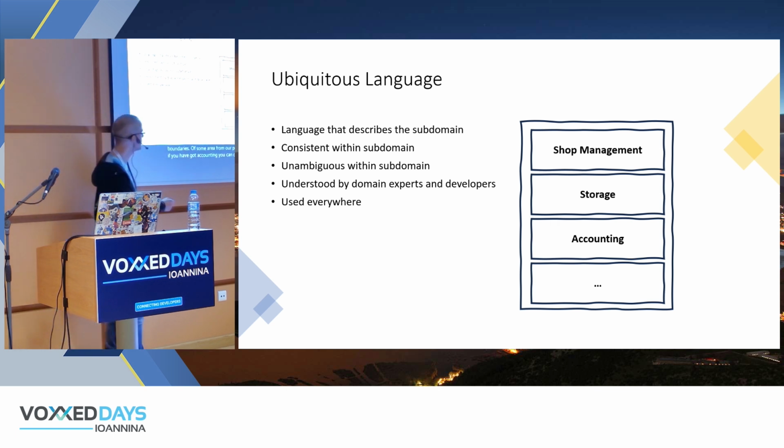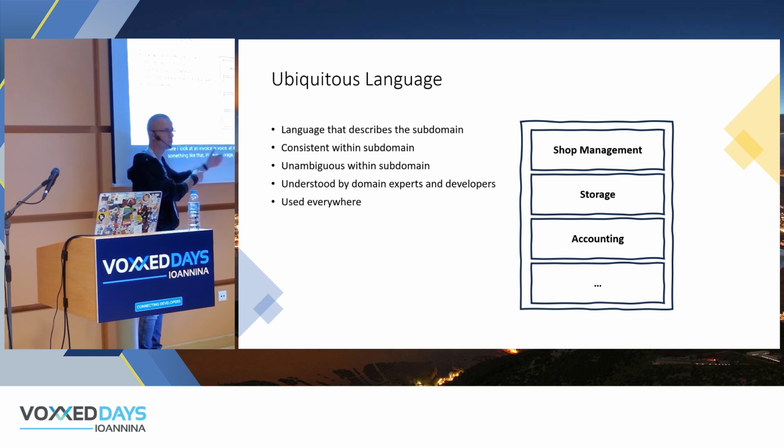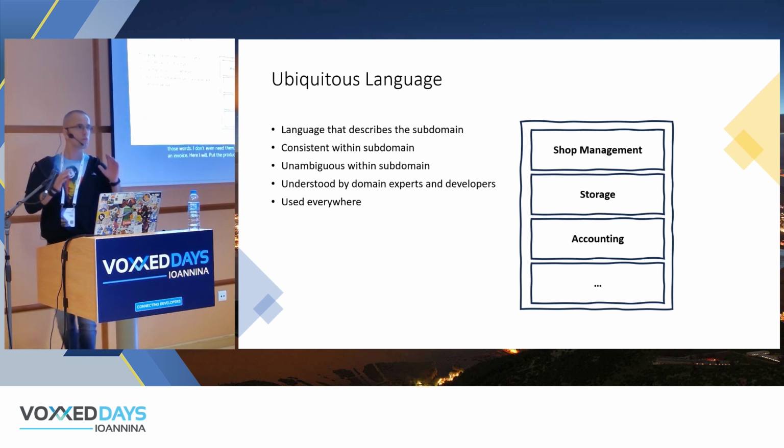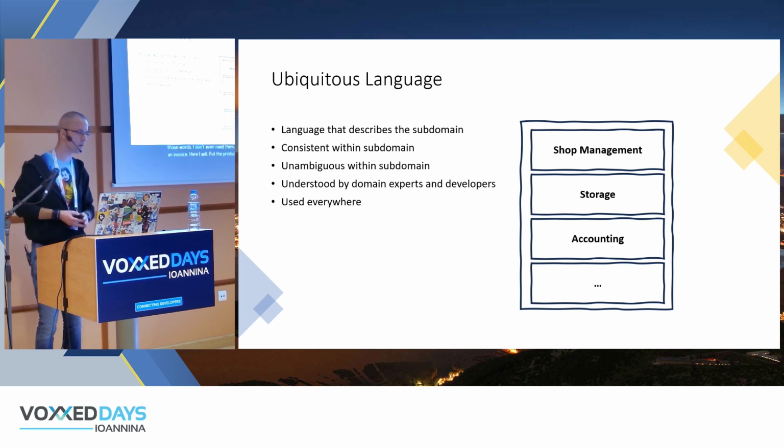An example, here I've got an invoice item, offer, something like that. Here in storage, I don't have those words. I don't even need them. Here I will issue an invoice. Here I will put the product into the box. Different languages. So ubiquitous language is a language used within the boundaries of a subdomain.